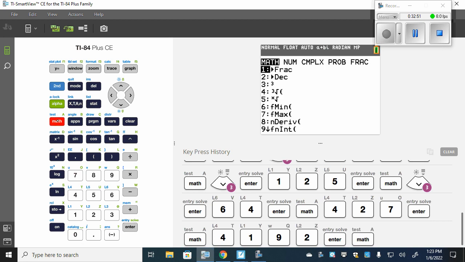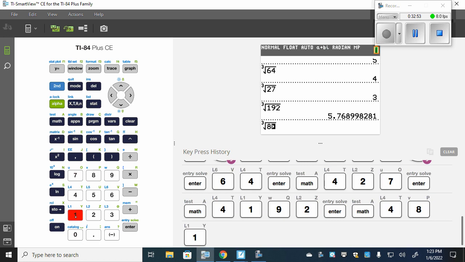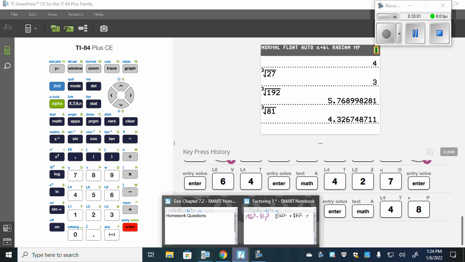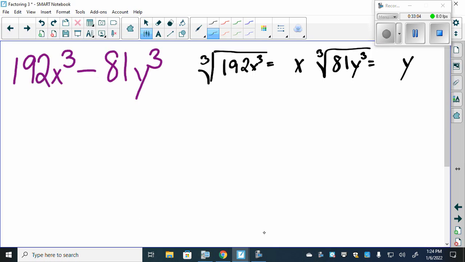Math, 481. It's not a perfect cube either. So let's look back at it. Is there a number that will go into both 192 and 81? Three will.